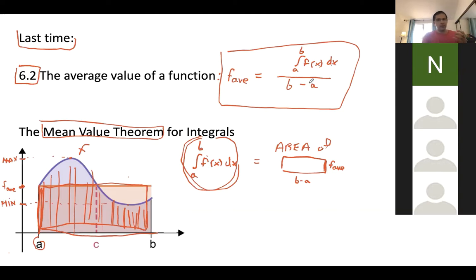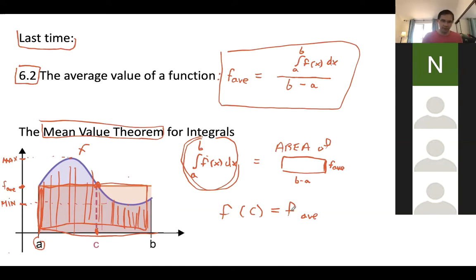And then the mean value theorem says that if the function is continuous, then you can find a point c in the domain of this function so that f of c is exactly equal to the average value of this function.